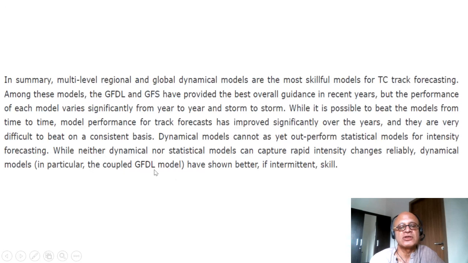dynamical models, in particular the coupled GFDL model, have shown better if intermittent skill, to the extent that rapid intensification is very much a dynamic process, a coupled process that depends on ocean warming, not only at sea surface temperature but with depth and so on. And the dynamics of subsidence, warming, convective bursts, and so on.